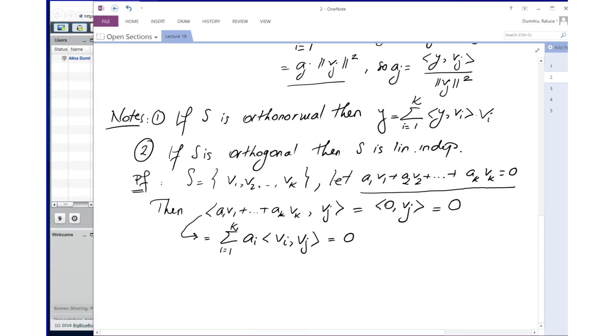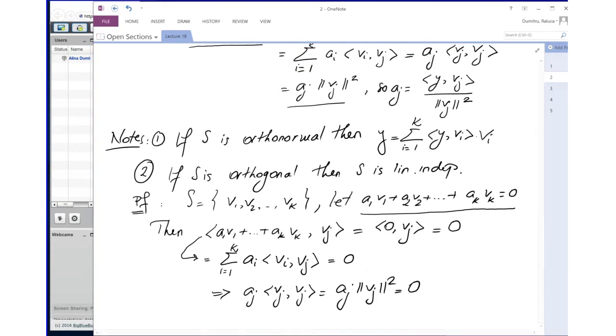So when i equals j, we get aj times the inner product between Vj and Vj, which is aj times the norm of Vj squared, equals 0.